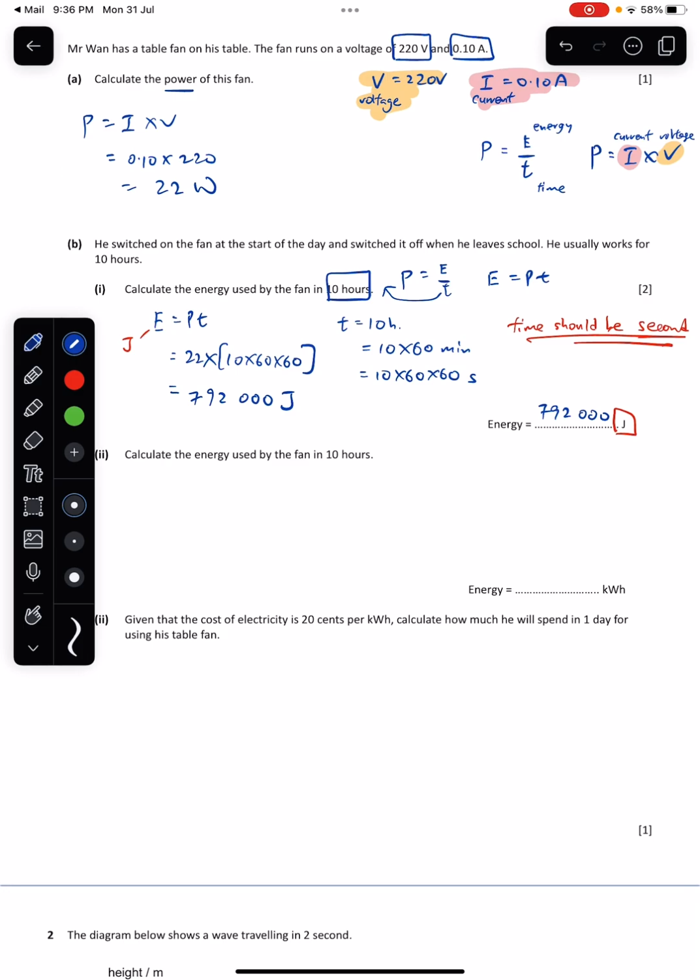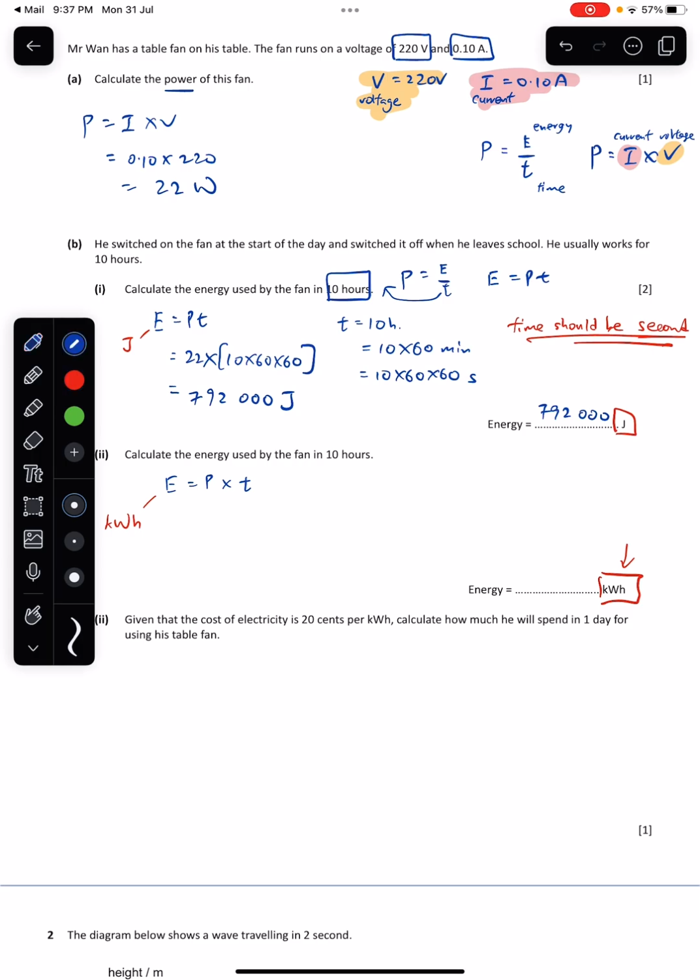The next one, look at the same thing, energy and everything. So can we see why it's different? The unit is different. So don't worry, don't panic. Then you just see, right? So it is kilowatt hour. So again, E equal to P times T. Here they tell you this is kilowatt hour.